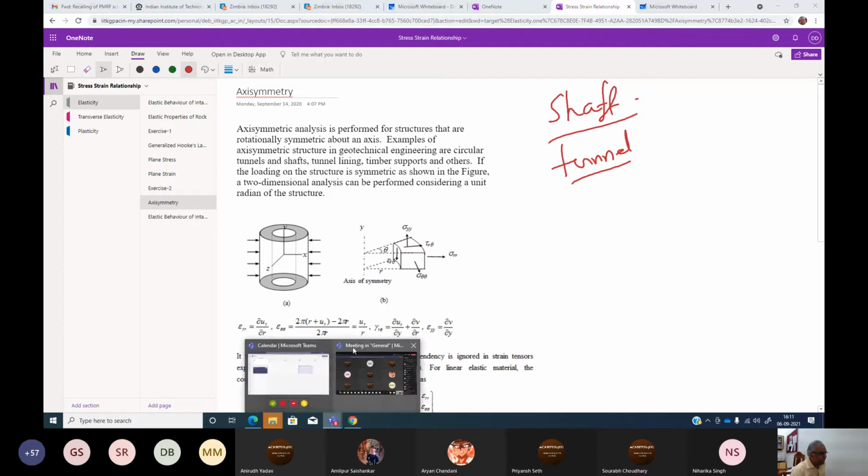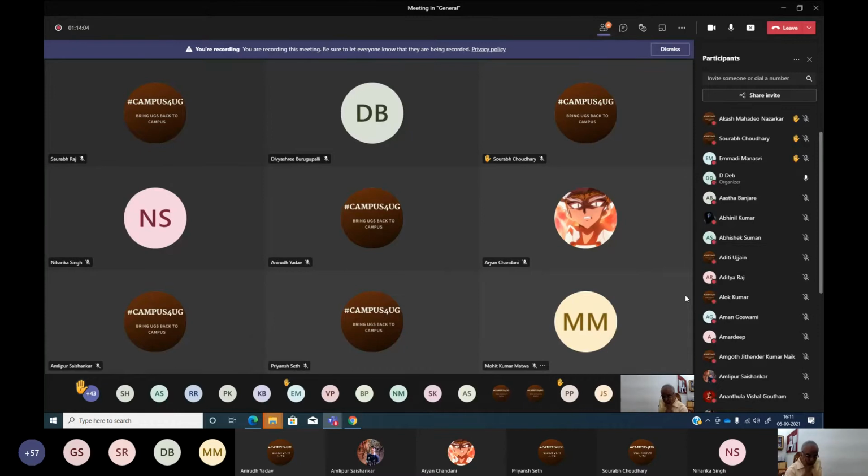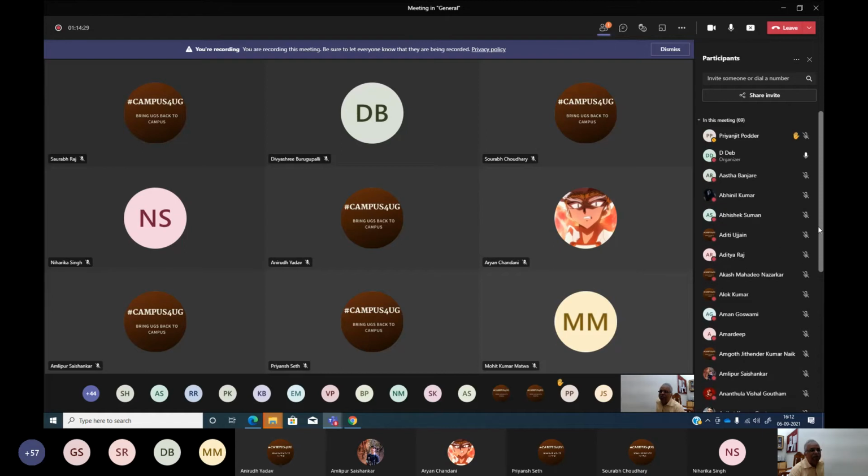Anybody been to the metro underground? Okay, Saurabh Chaudhary went. Only Saurabh? Nobody else? Aman Goswami also went to the metro. Akash also went. Who else has gone? Priyanjit Poddar, he also went. Okay, so about 4 or 5 students have gone to a metro station.